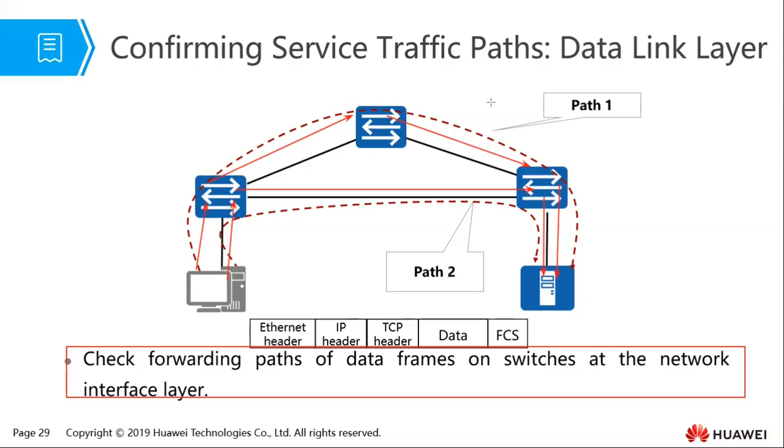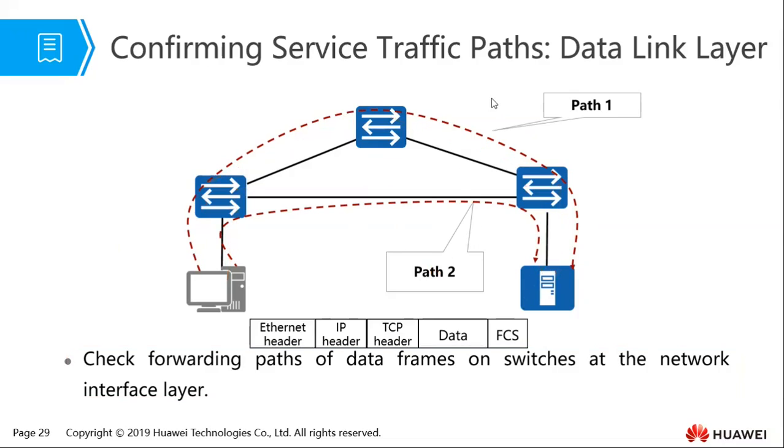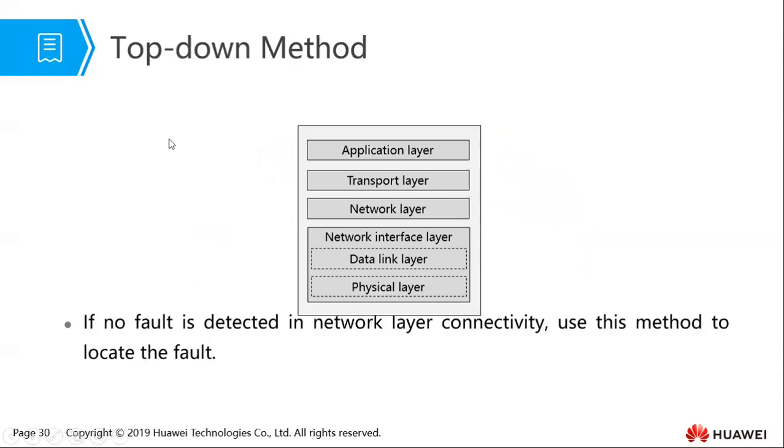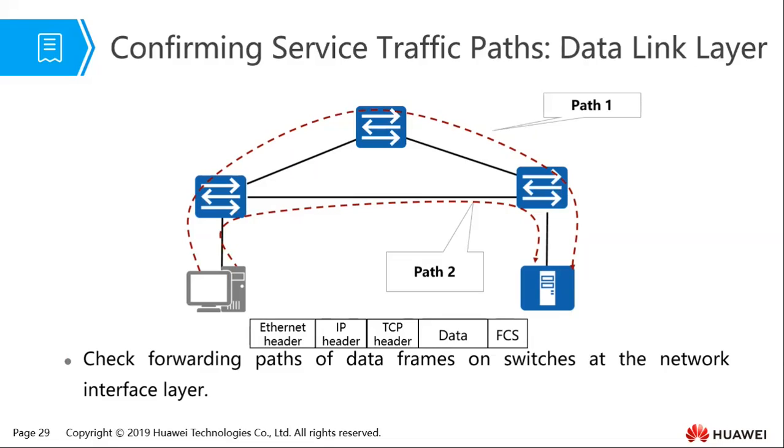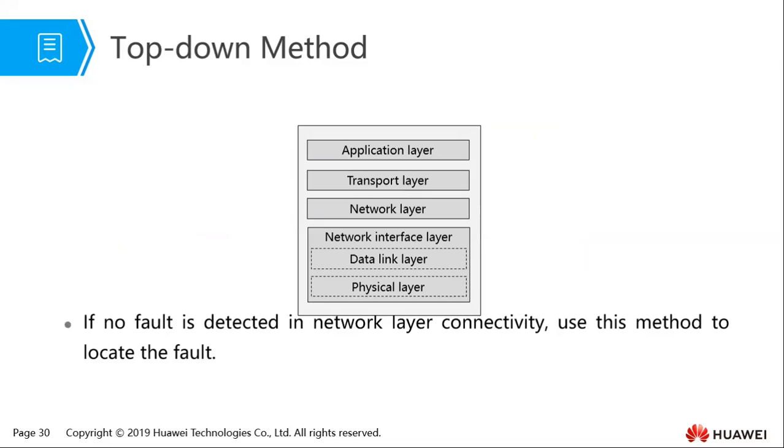Maybe in our initial design we blocked that particular interface, so we don't expect path 2 to exist. We can check and verify the path, and if that path is available, then we know something is not working correctly. With this, you might also use packet capturing tools such as Wireshark to find out.